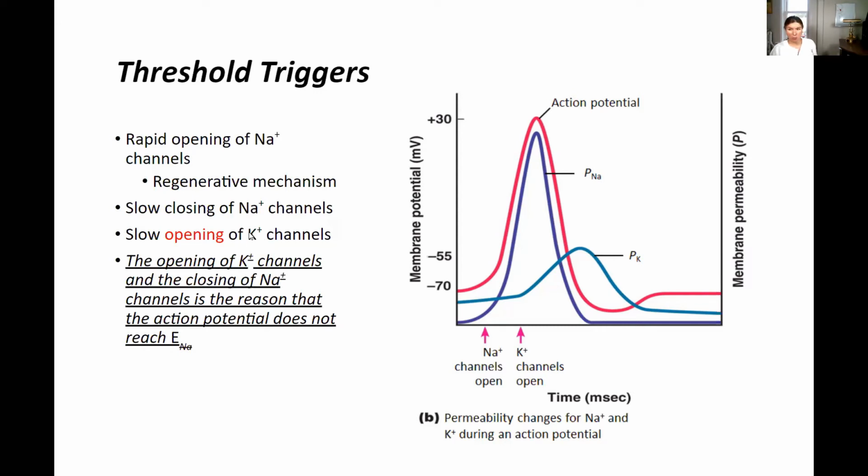Its gate is opening, but when its gate opens, we don't have potassium come into the cell, because potassium wants to get out. Potassium wants to make the cell more and more negative. And we talked about how we set that up with the electrical driving force and the chemical driving force on potassium. As those gates open, we can see that our permeability to potassium is rising again.